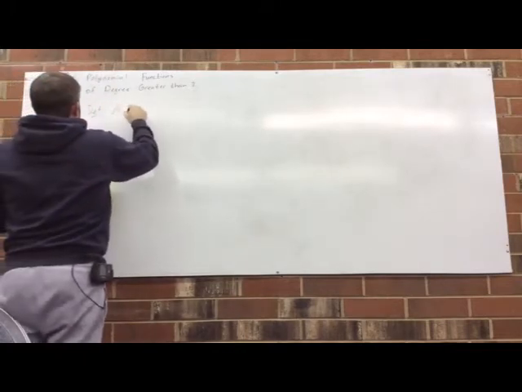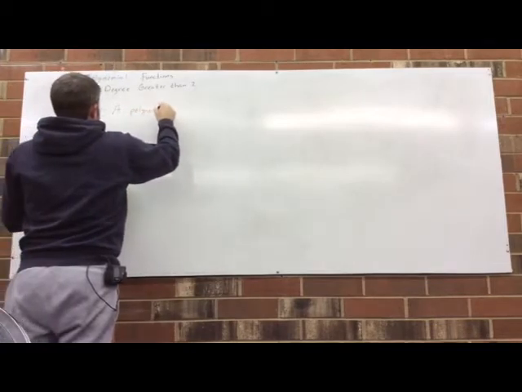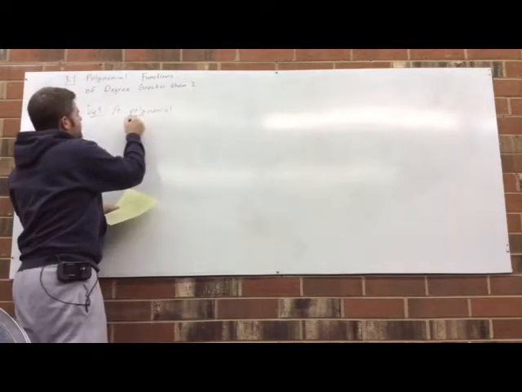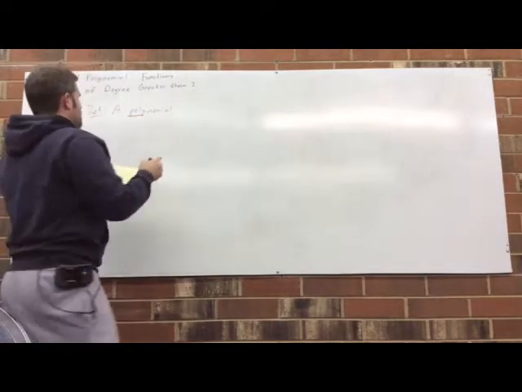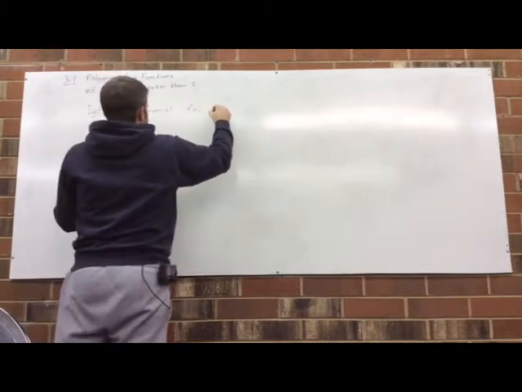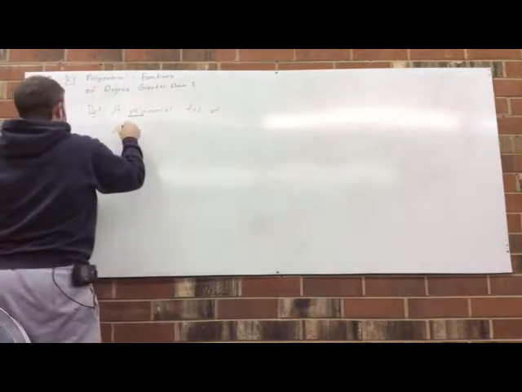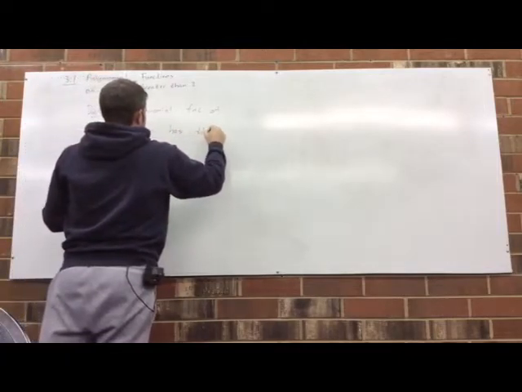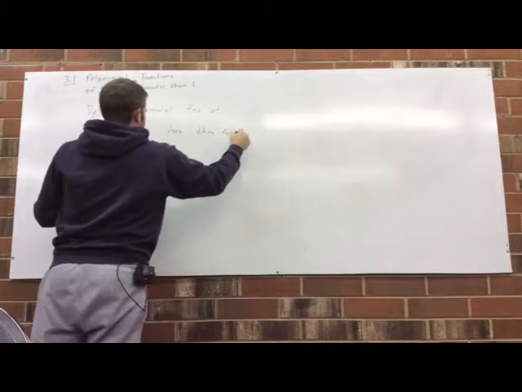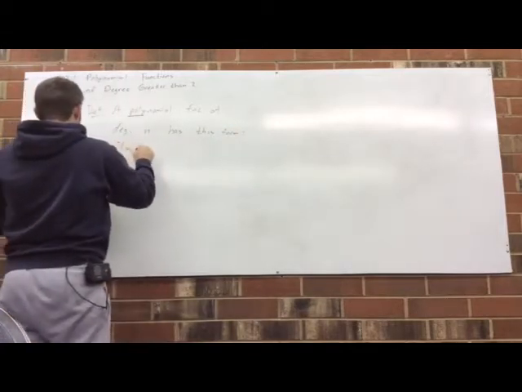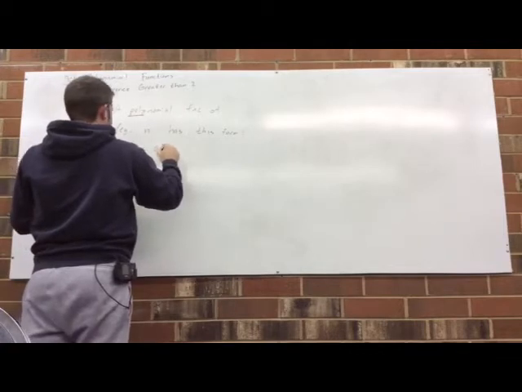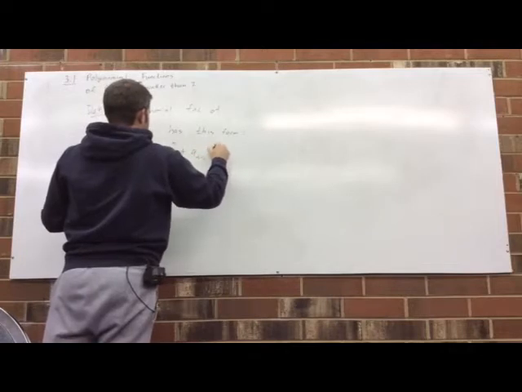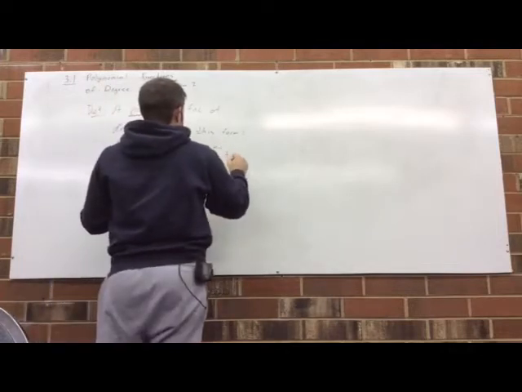A polynomial. For future reference, I'm going to abbreviate polynomial by the word poly. A polynomial function of degree n has this form: f of x equals a sub n x to the n plus a sub n minus 1 x to the n minus 1 plus dot dot dot.